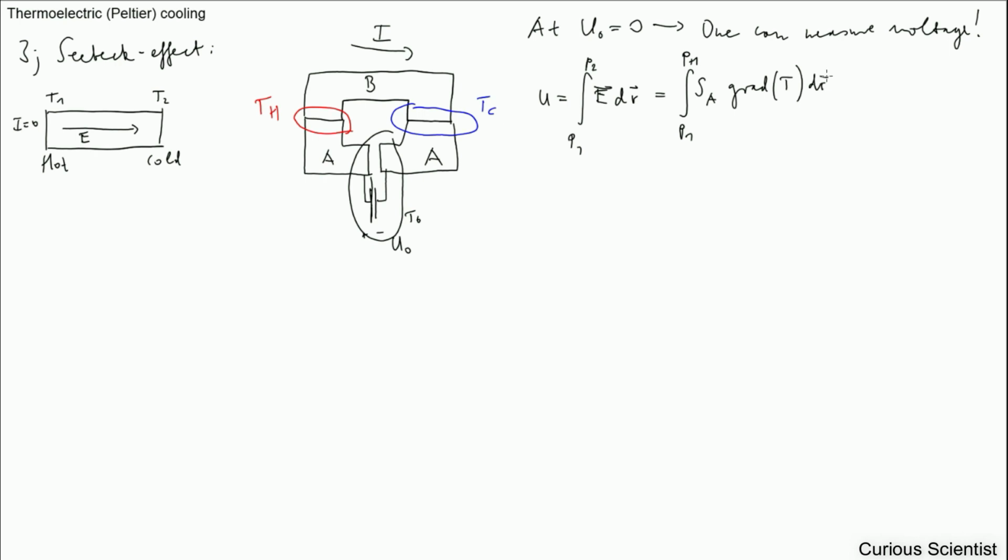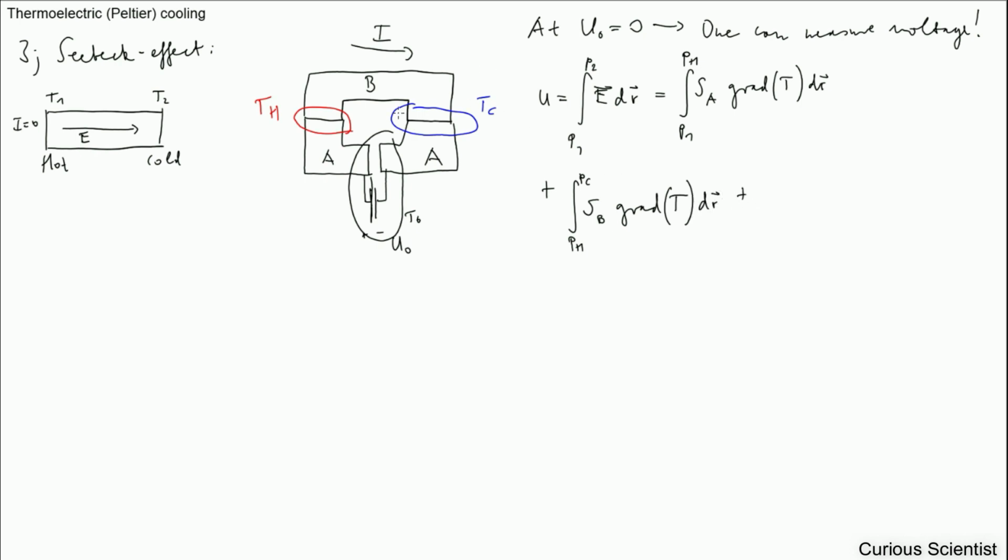So we integrate this first, plus I write a new line. So we are at the PH, here, and we go to the PC, and then we go through the B material, so we use its Seebeck coefficient.